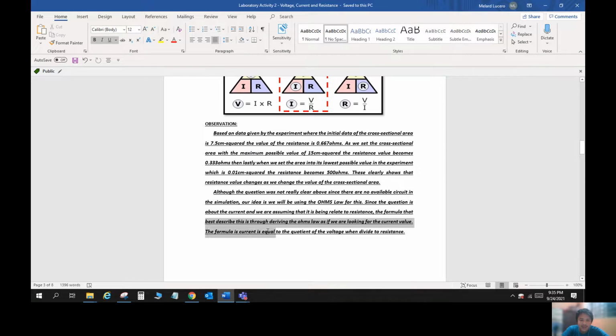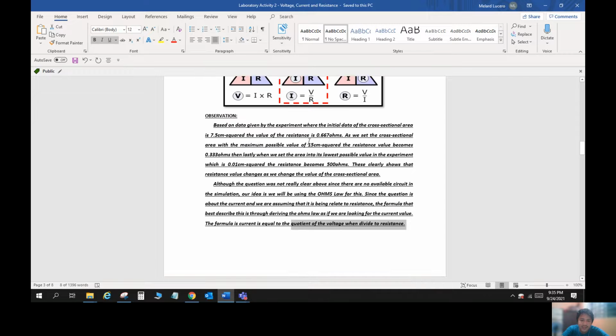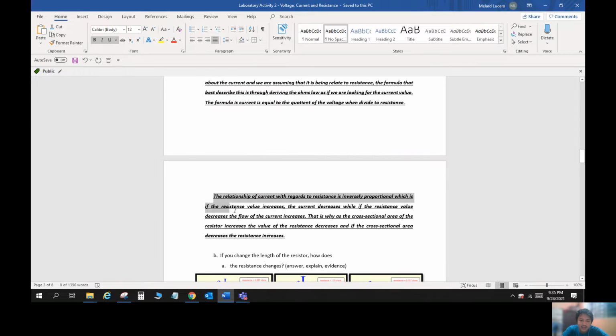Okay, so the formula for current is equal to the quotient of the voltage divided by the resistance. So current is equal to V divided by R. So the quotient will be the current. The relationship of current with regards to resistance is inversely proportional, which is, if the resistance value increases, the current decreases.